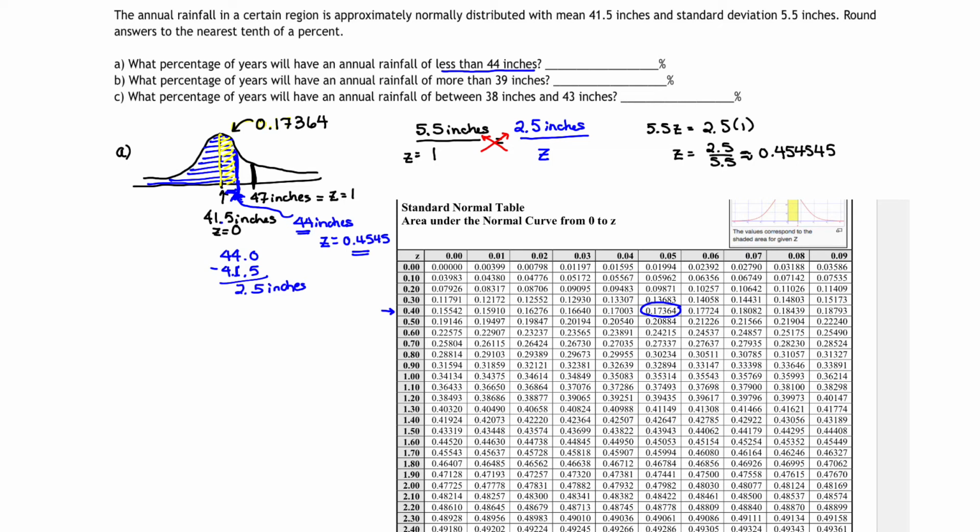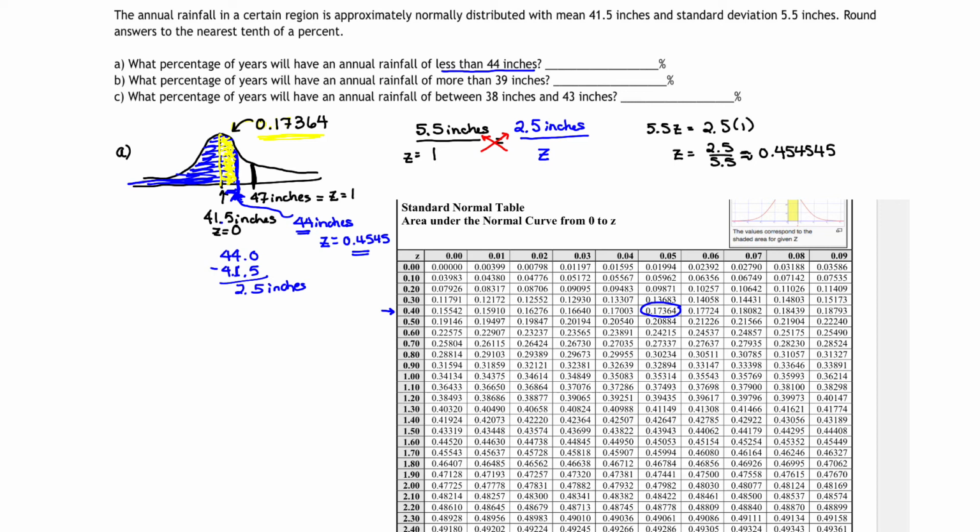That's what that z-score gives us, that area right there. Awesome. Do you see we're almost done now? We wanted the total area less than 44 inches. Well, I have part of it. Now I need the rest of it over here.